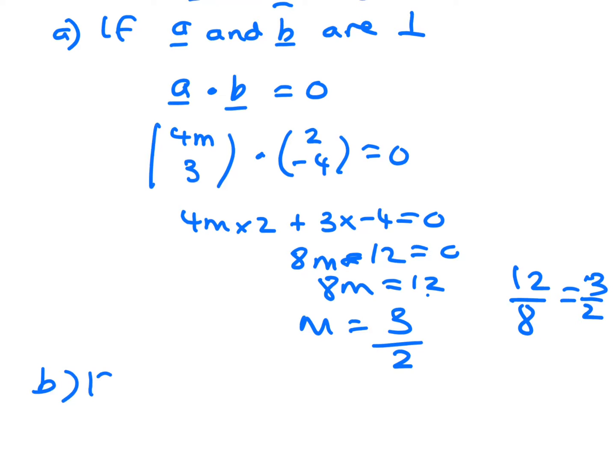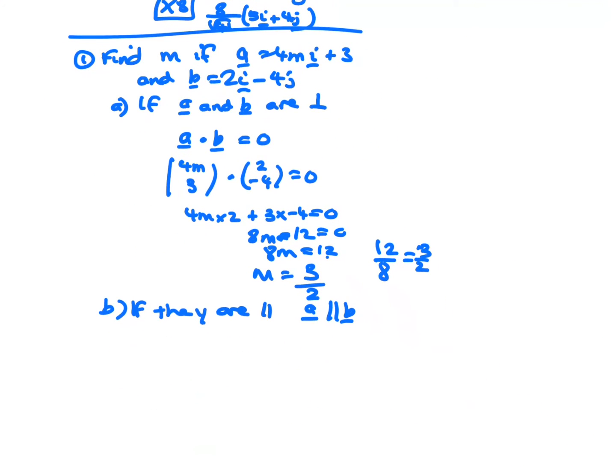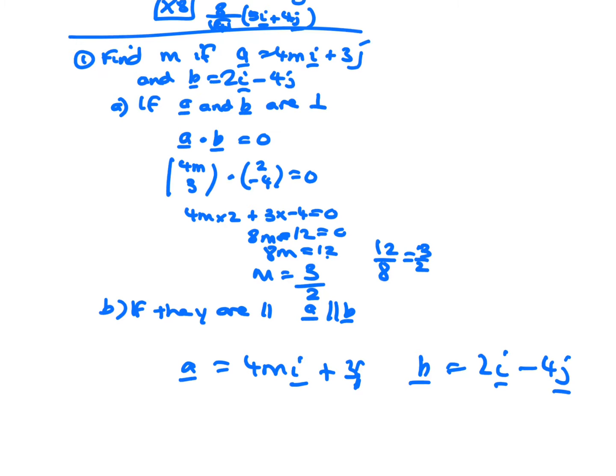Okay, what if they are parallel? So A is parallel to B. Let's find the value of m. So we have A equals 4mi plus 3j, missing a j from there, sorry, and B is 2i minus 4j.